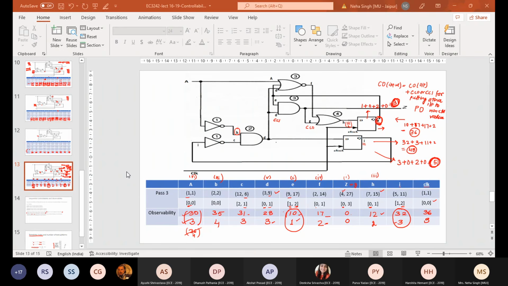Scan chain based design simply means that now we will have the flip flops which can be controlled by using an external connection.